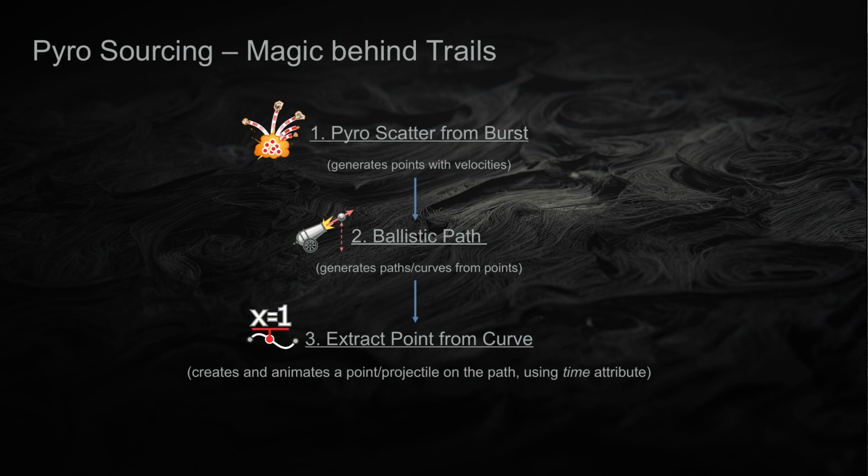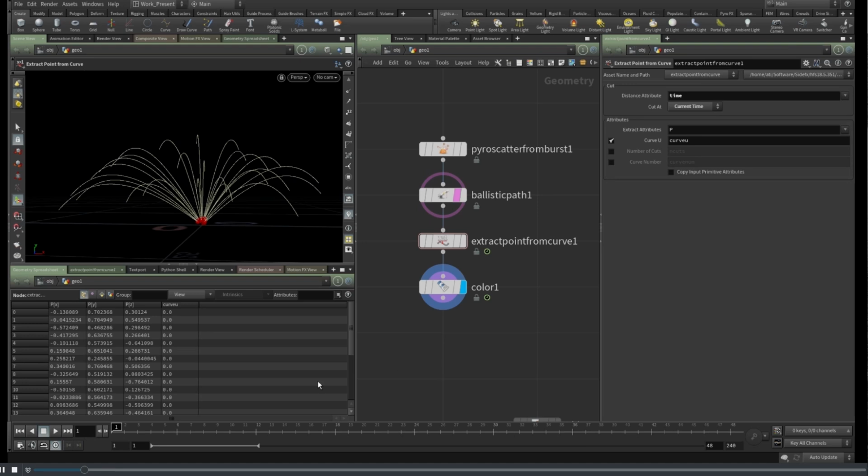The Extract Point from Curve node can then take these curves, and using this time attribute, it can extract the position of the projectiles from the curve at a given time. So let's look at it in practice. Here you see that I have a Pyro Scatter from Burst node creating points.